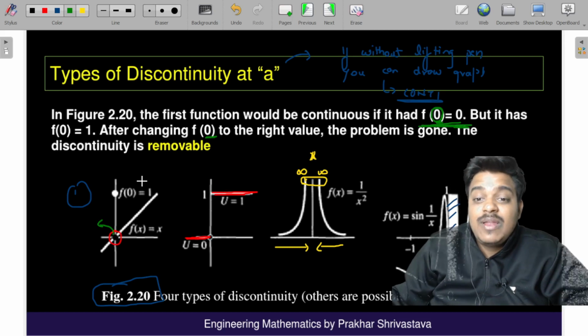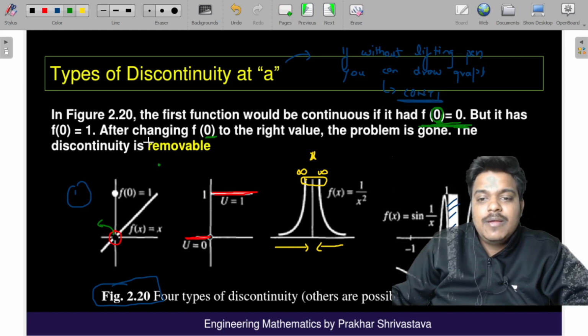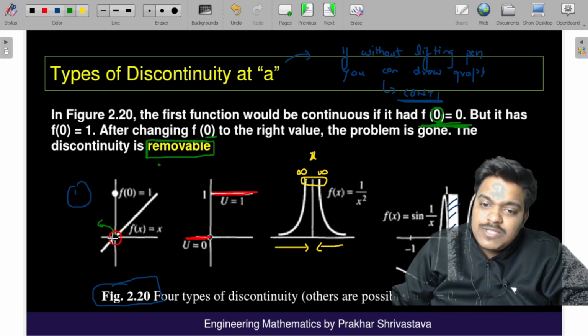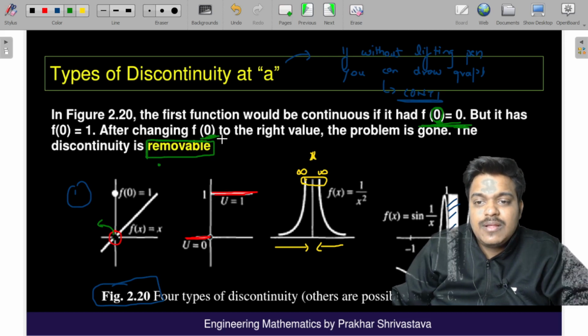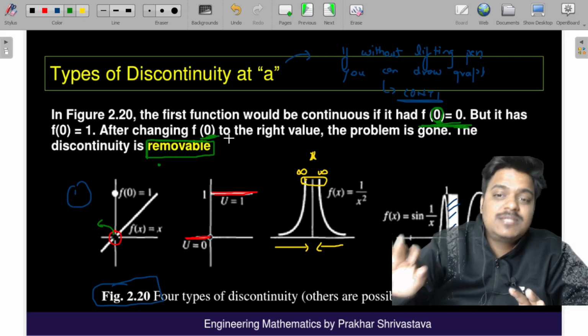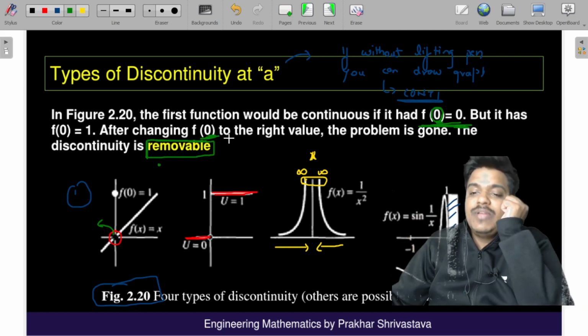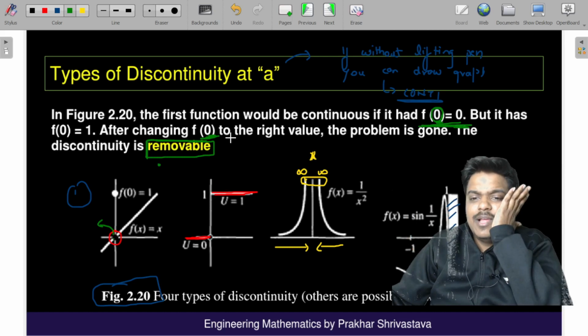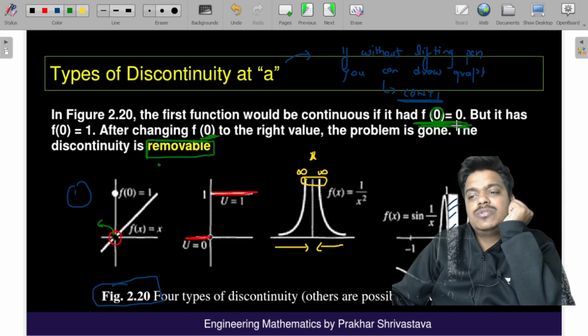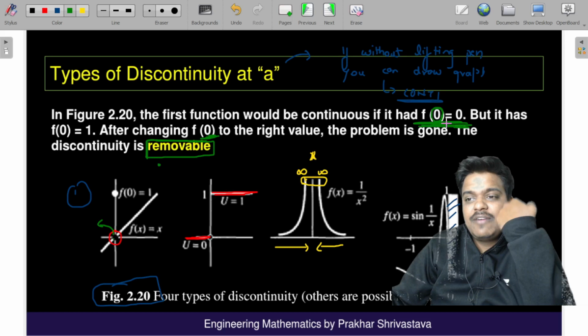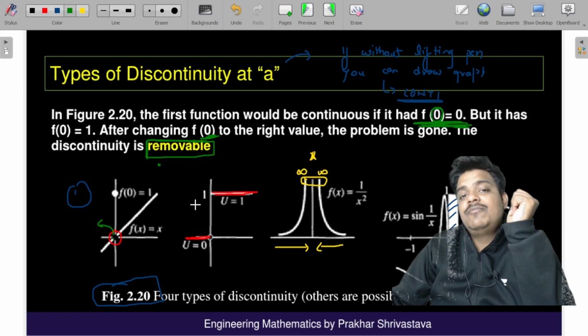That is why, when only one point is missing, we say it is a removable discontinuity. Why? Because we just need to define this function at this particular point, and we know we can define it. That's not a very big deal. If we can write f of 0 is equal to 0, the graph automatically becomes continuous.